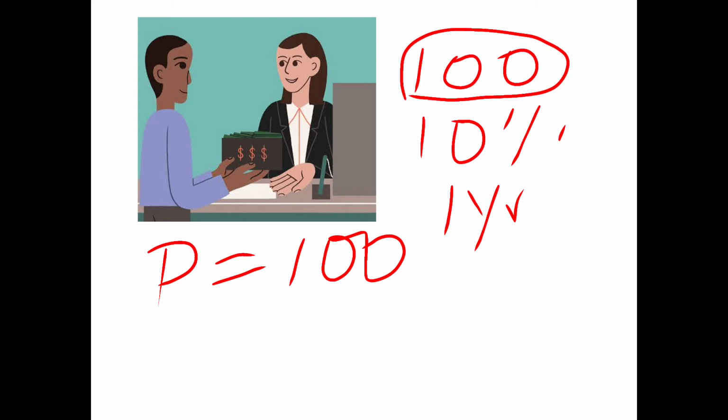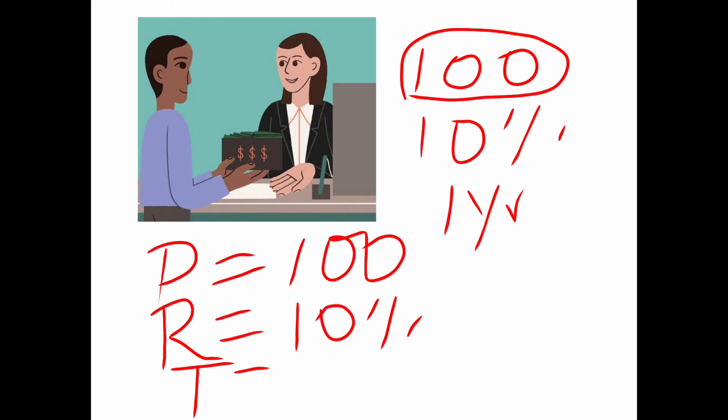This 10% will be the rate, so R is equal to 10%. And the time, T, is equal to 1 year. So this is the base for finding the interest.